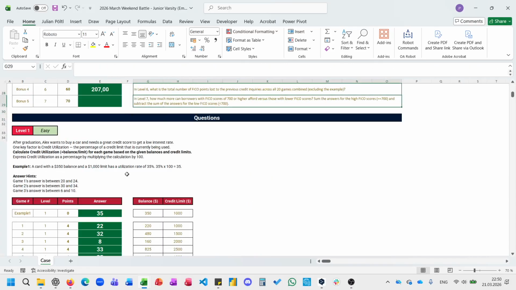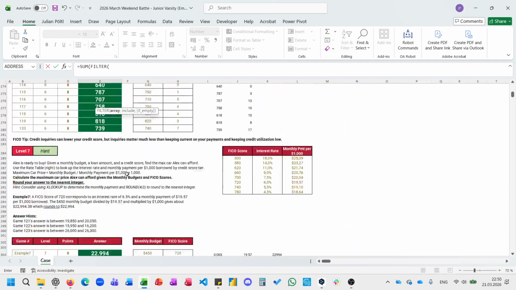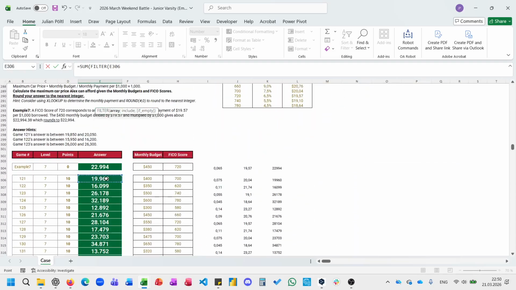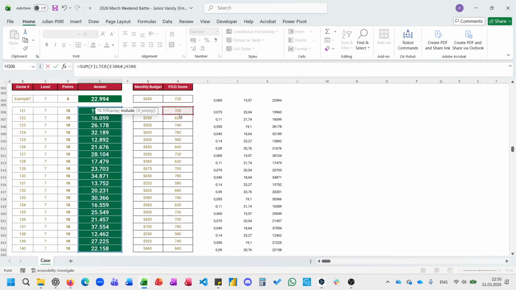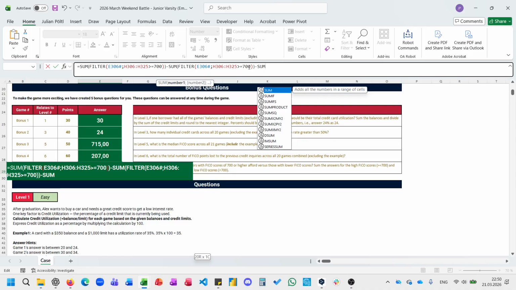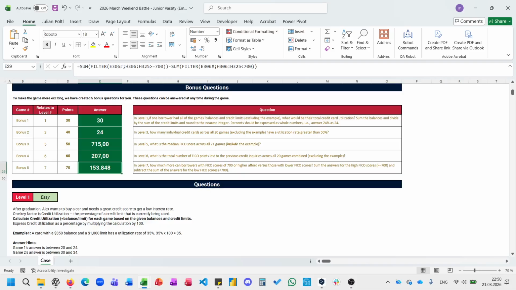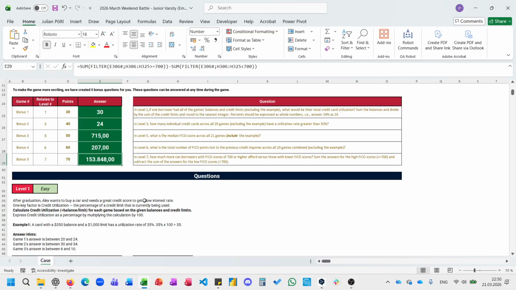Okay. Sum filter of those if those are larger or equal than 700 minus sum filter if this is smaller than 700, and this is 153,000.